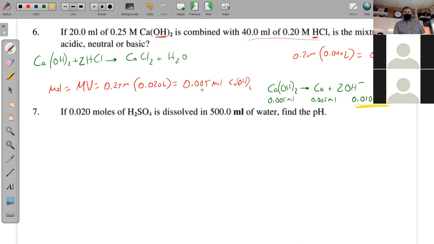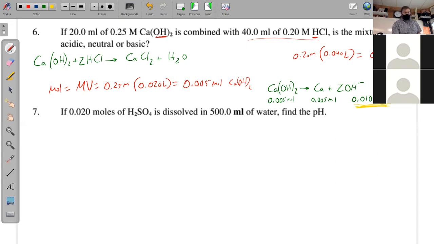It's an excess reactant also because in the mole ratio, you need 2 hydrochloric acids for every 1 calcium hydroxide. So in order to make all 0.005 moles of calcium hydroxide react, you would have to have 0.01 moles of HCl. We don't have 0.01 moles of HCl. Instead, there's only 80% of that amount.